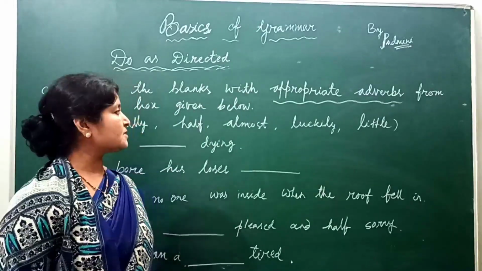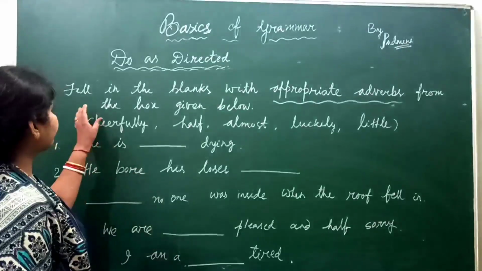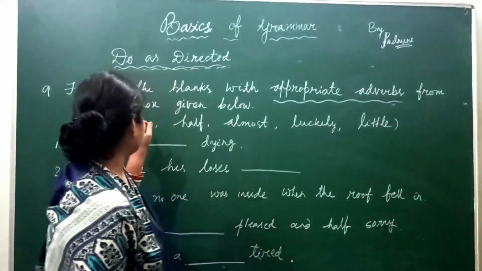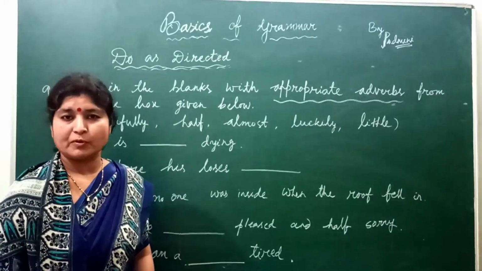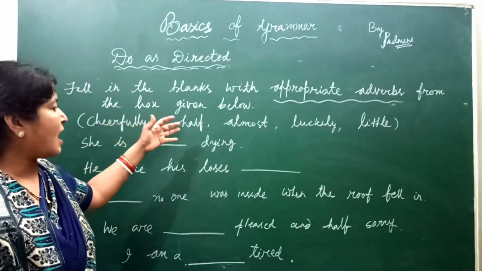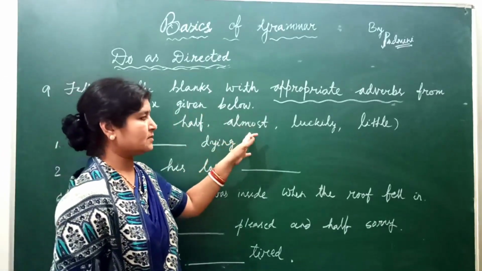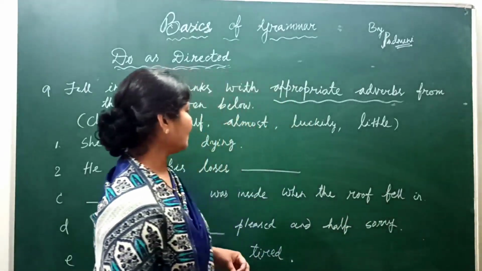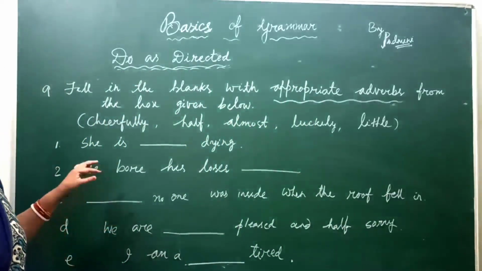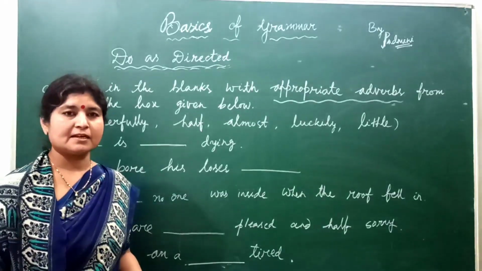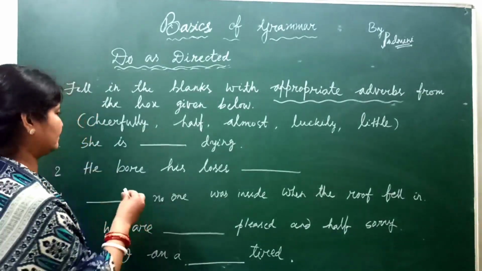Okay, my dear students, your next exercise is fill in the blanks with appropriate adverbs from the box given below. The adverbs are cheerfully, half, almost, luckily, and little. So the first question is, she is blank dying.